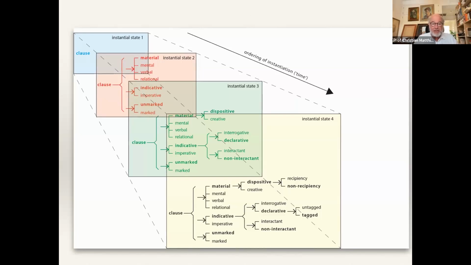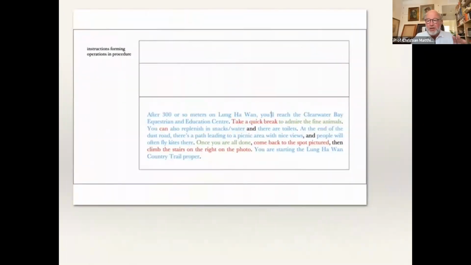So an initial instantial state where you just have a clause, then the clause entry condition to two or three systems, choices in these systems, then the next state where you access new entry conditions, so you access new systems, and so on and so forth. And that's what a traversal through a system network, through selections in systems, means. Let me illustrate this just for mood, in a paragraph in a topographic procedure, a walking tour in part of Hong Kong.